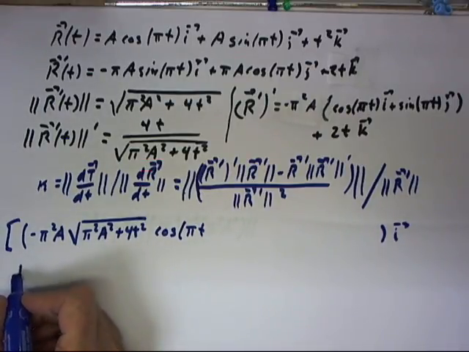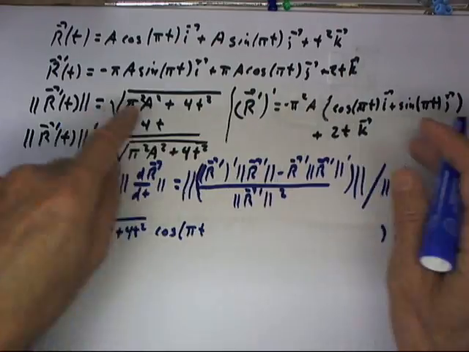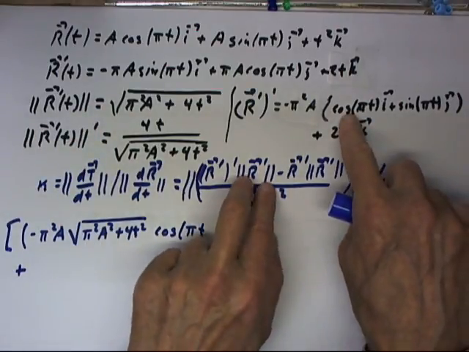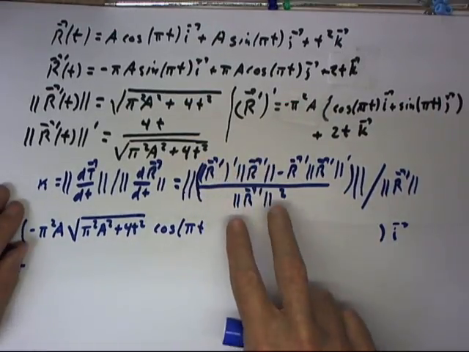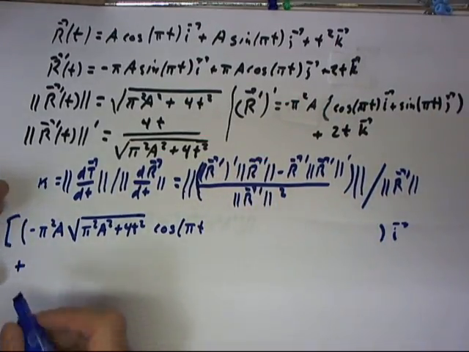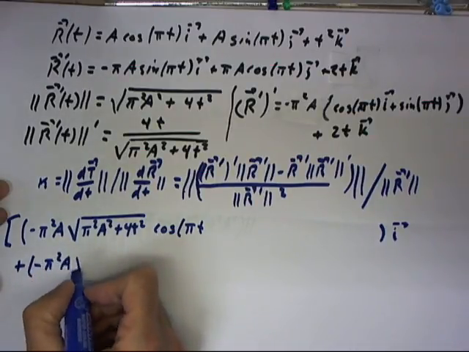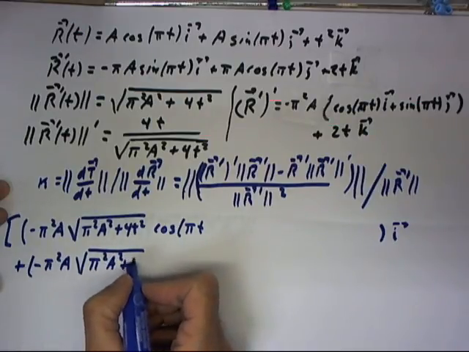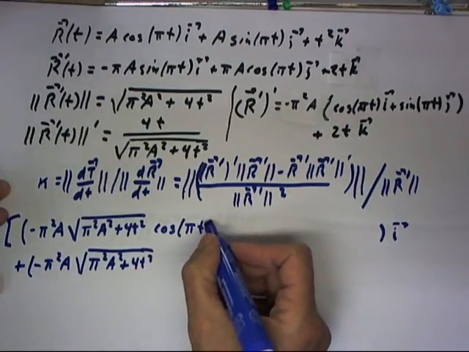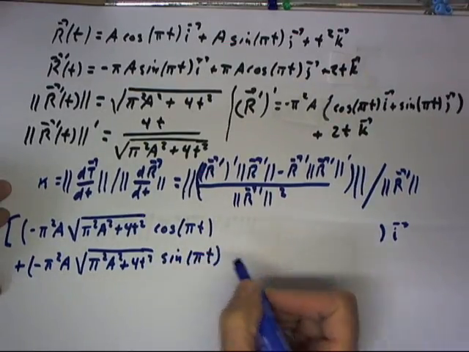And then our contribution to the j component. Well, it's just like our contribution to the i component, except where we had a cosine here, we have a sine in our r double prime expression, so that we're going to have plus negative pi squared a times the square root of pi squared a squared plus 4t squared times the sine of pi t.